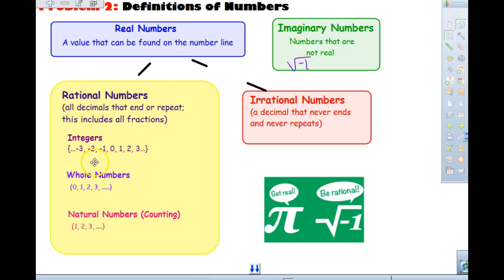Now, sometimes I will have people write the integers this way. They don't like to write it this way. They like to write it like 0, 1, negative 1, 2, negative 2. Something like that. Is that the same thing? Yes. Okay. These brackets tell us that this is a set of numbers or a specific group of numbers. They're kind of important, okay?